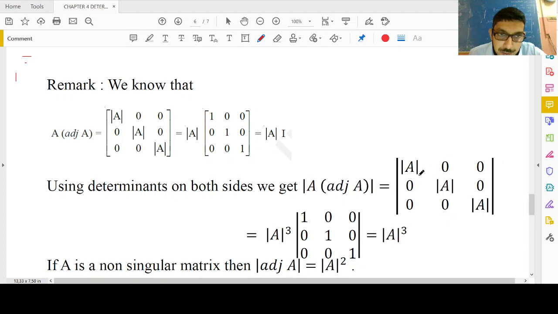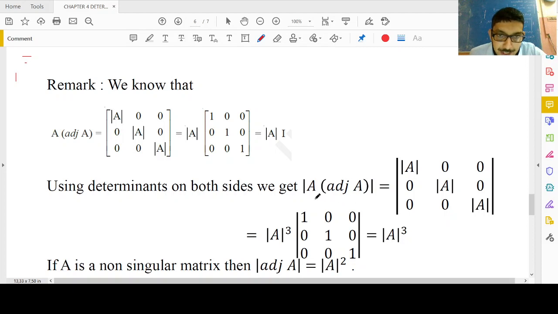Determinant of A into I means determinant of A 0 0, 0 determinant of A 0, 0 0 determinant of A. So determinant of A is common in each of the rows here. You can take out determinant of A common from each of the rows, so it will become determinant of A cube. Then determinant of the identity matrix is 1. So this is equal to determinant of A cube.